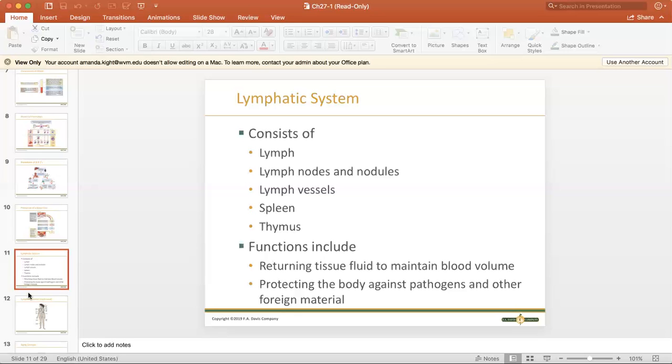So the functions on this slide say returning tissue fluid to maintain blood volume. This is the lymphatic system, by the way. It absolutely does.